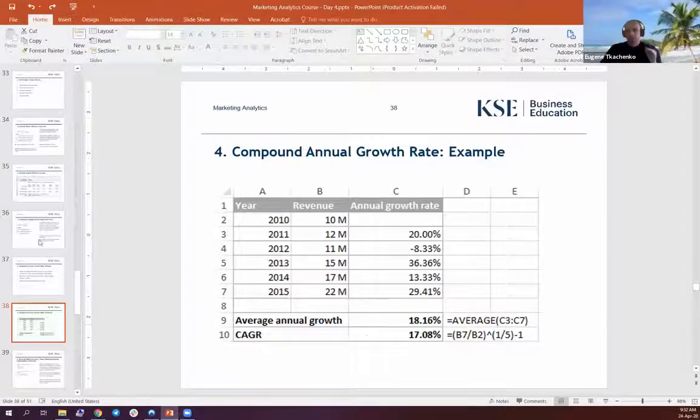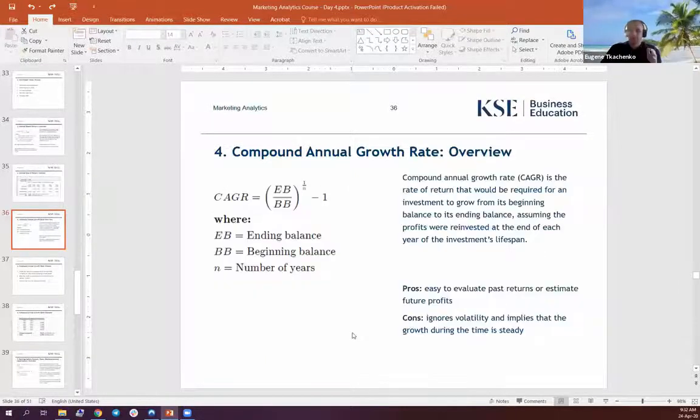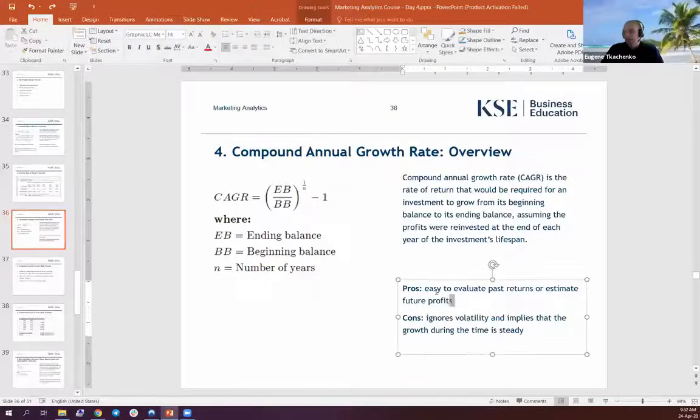In order to eliminate the effect of the extremes in your calculations, you use CAGR. That's the only reason for this calculation to exist. So basically, the pros or benefits of this calculation: it is easy to evaluate past returns or estimate future profits. But the possible drawback or pitfall is that it ignores market volatility and implies that the growth is steady.